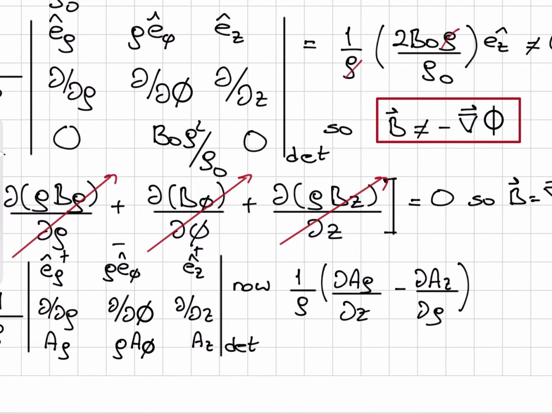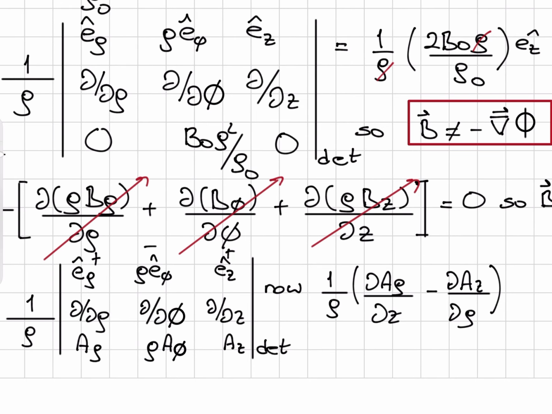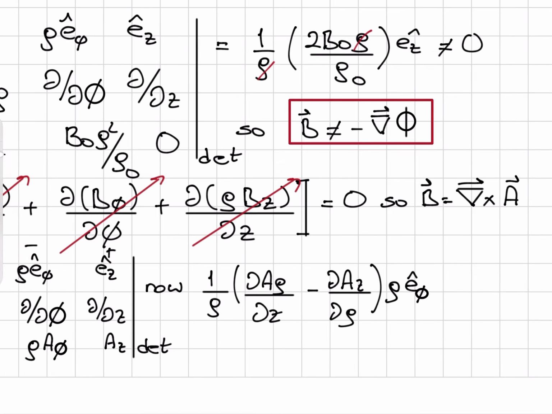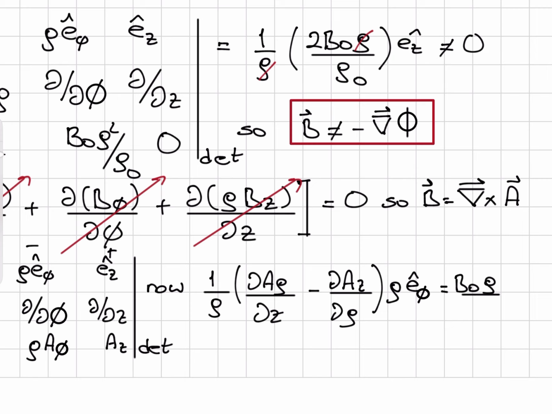So that's what we have. And this is to be multiplied by rho e phi hat. I've already operated the minus sign by switching the places of these two terms. And this must be equal to B0 rho over rho 0 in e phi hat direction.